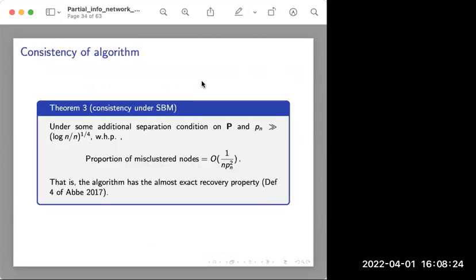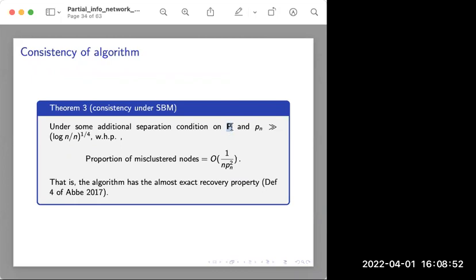In the end, we have this theoretical guarantee for our clustering algorithm. We do need some additional separation condition on the K by K matrix P. This is because the two estimates I was constructing before will have additional noise, and I need some concentration property to control the noise, and the amount of signal in P needs to overwhelm the noise.